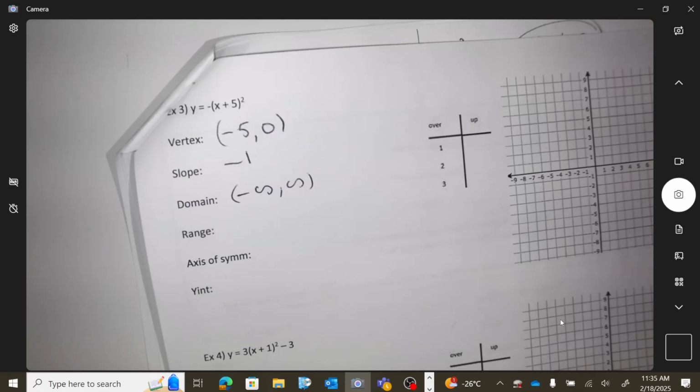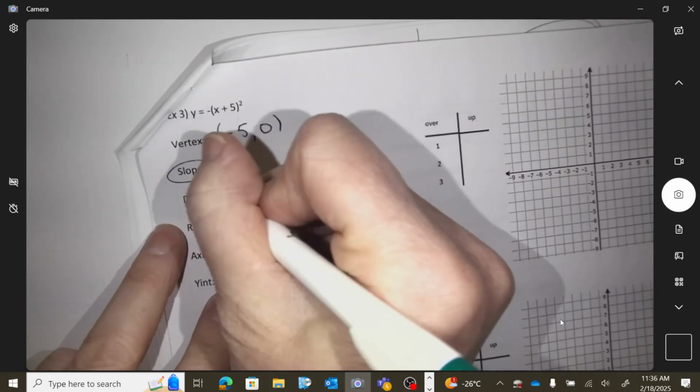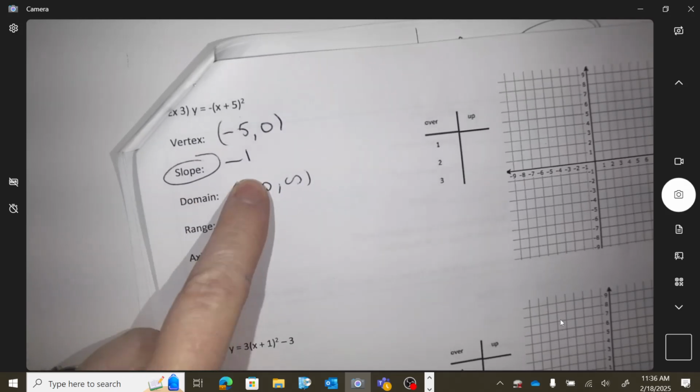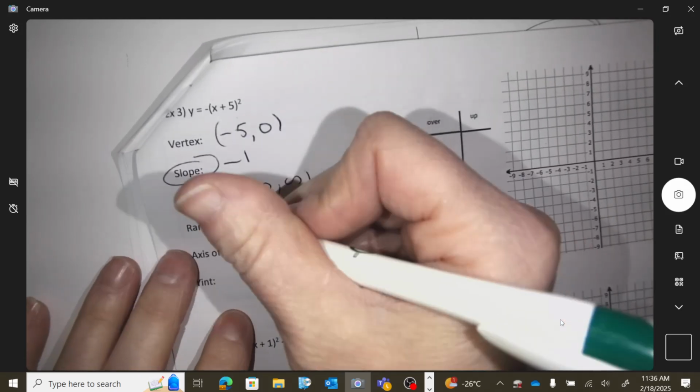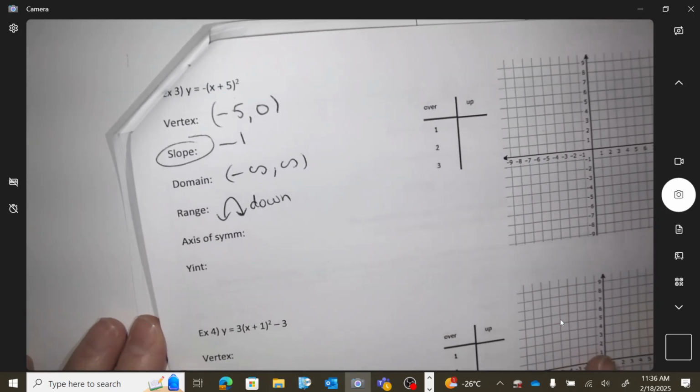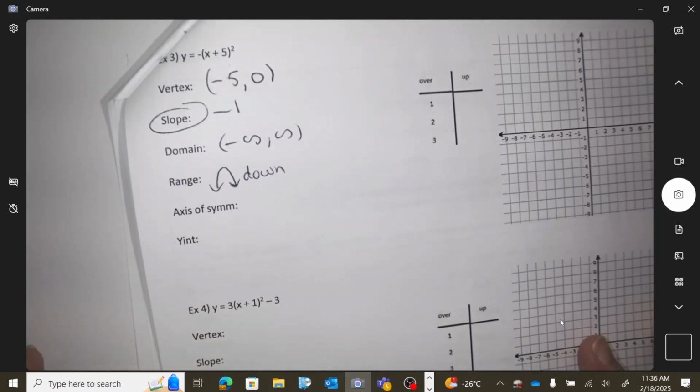Okay, range. So I didn't graph it. So what is my range? So my question is, does this thing open up like this, or is it flipped down like this? You have to look at your slope. Your slope says -1. So what shape does it make? It would be like that, flipping down.